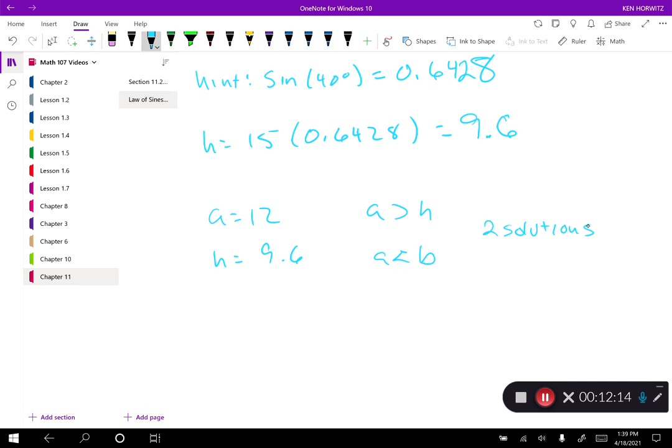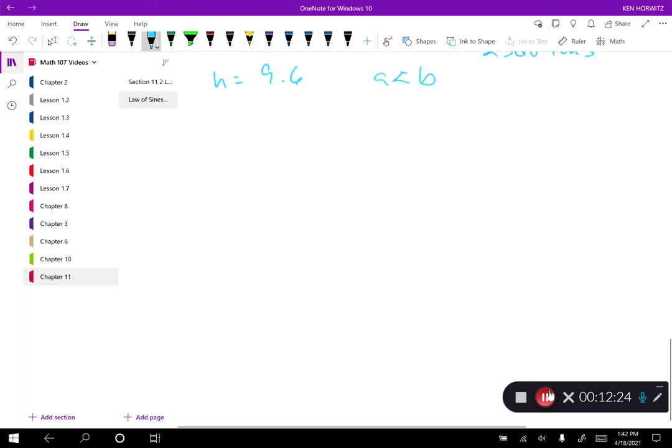Now we are being tasked with finding them both. The first solution is where angle B is acute. The two solutions differ in the sense that either angle B is going to be acute or angle B will be obtuse.